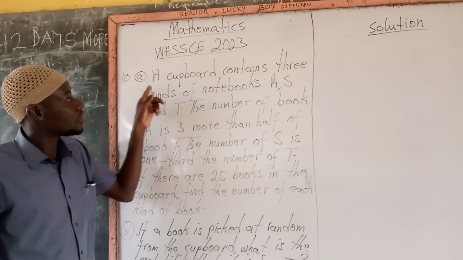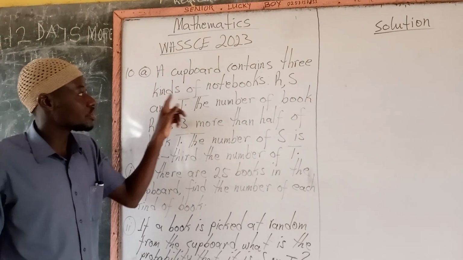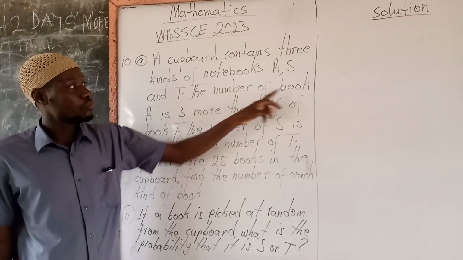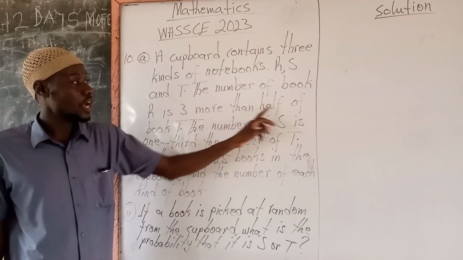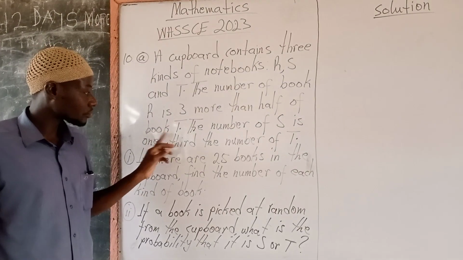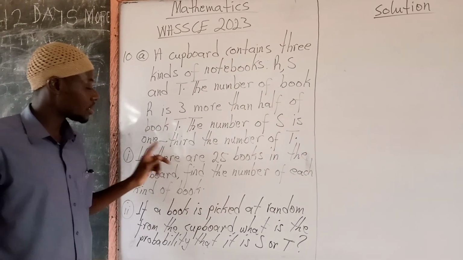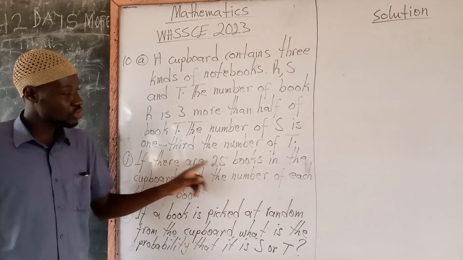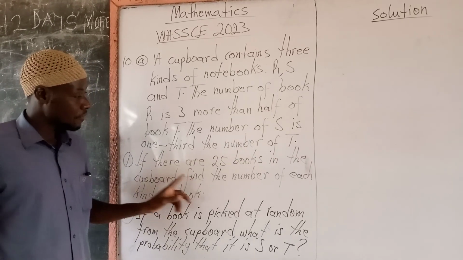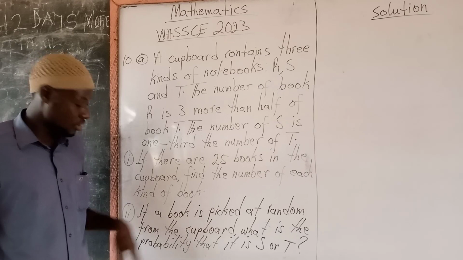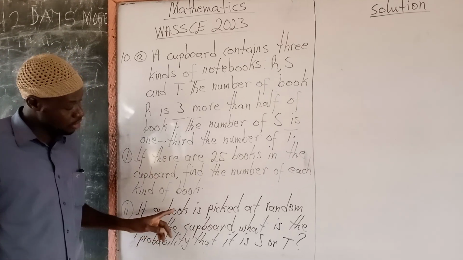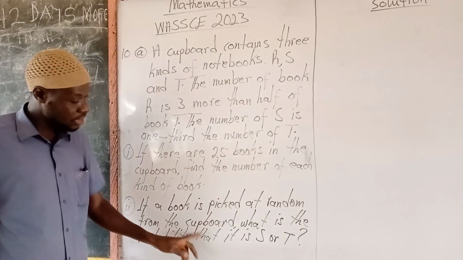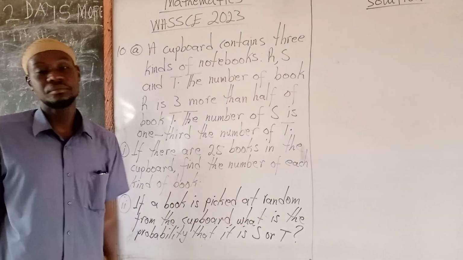The question is that a cupboard contains three kinds of notebooks R, S, and T. The number of book R is 3 more than half of book T. The number of S is 1/3 the number of book T. Roman number 1, if there are 25 books in the cupboard, find the number of each kind of book. Roman number 2, if a book is picked at random from the cupboard, what is the probability that it is S or T?